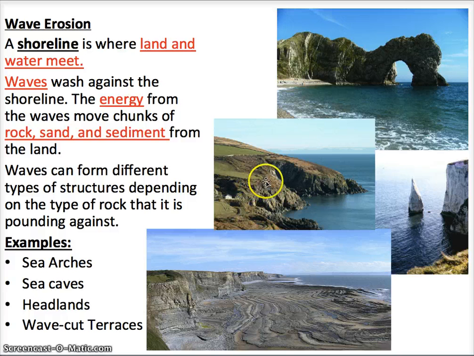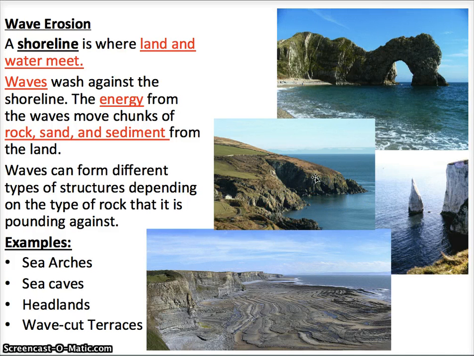Headlands happen when this part of the land contains minerals that are tougher and harder than the minerals that were around this headland area.